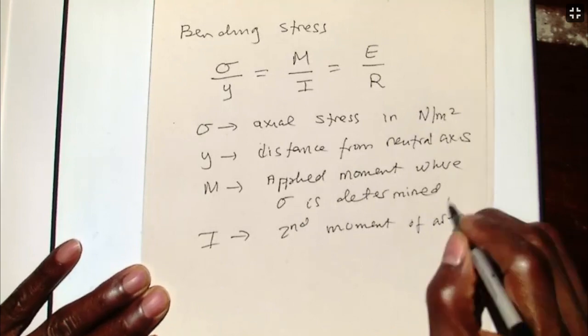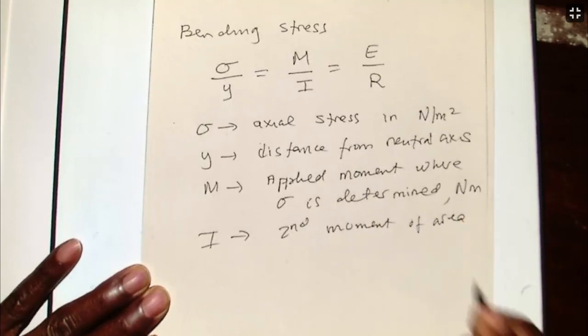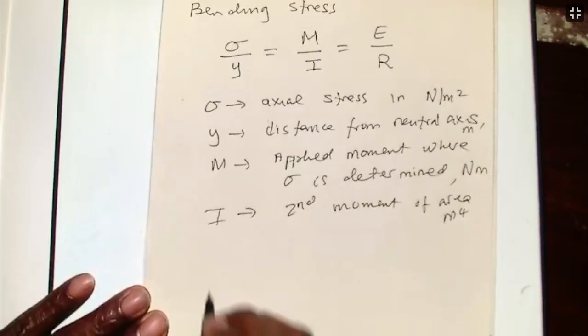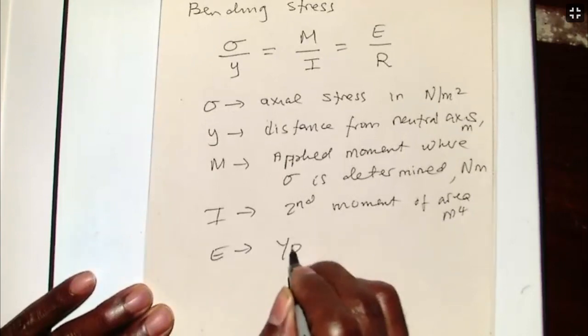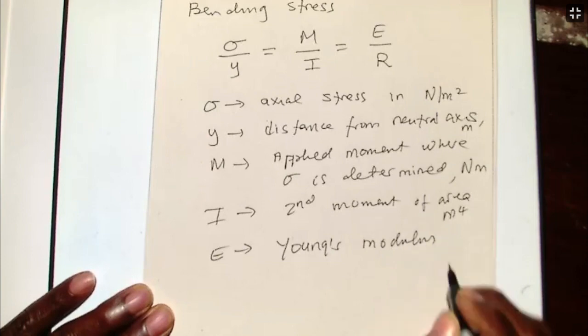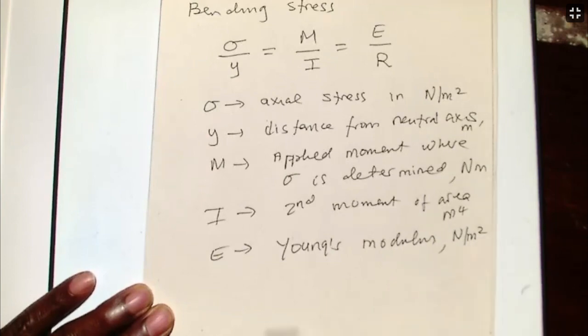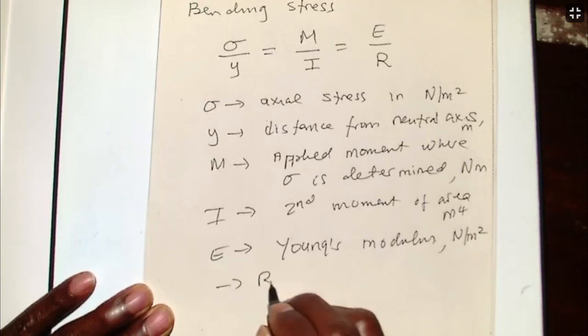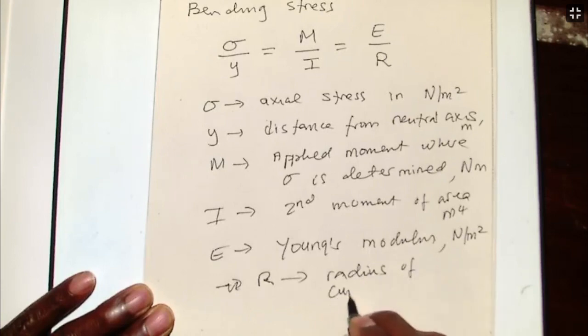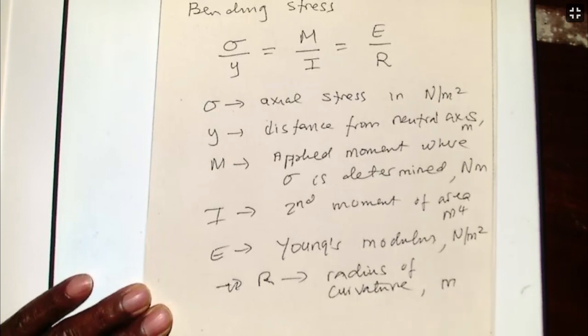So M is in Newton meters, I is in meters to the fourth, and y is in meters because it is length. And E is our Young's modulus of the material, in Newton per meter squared. And R is the radius of curvature, in meters as well.